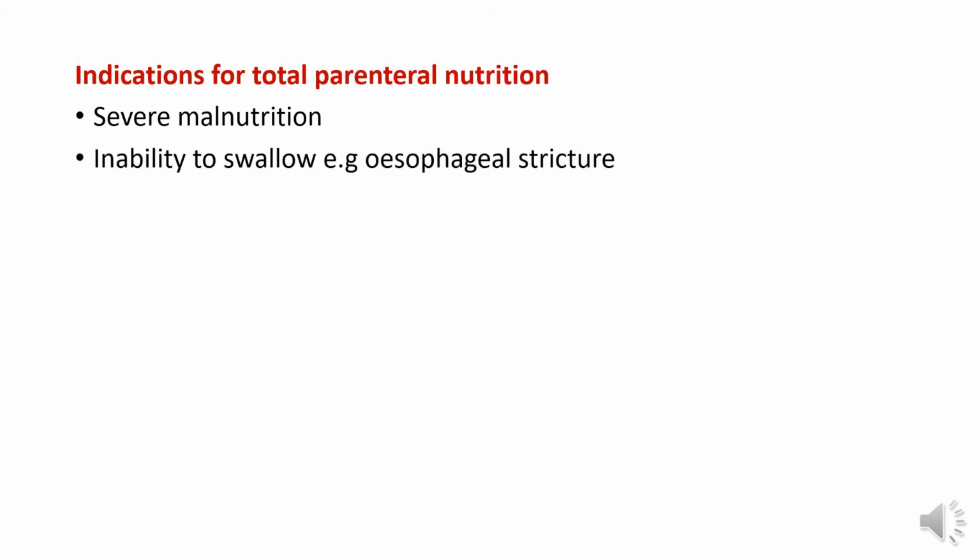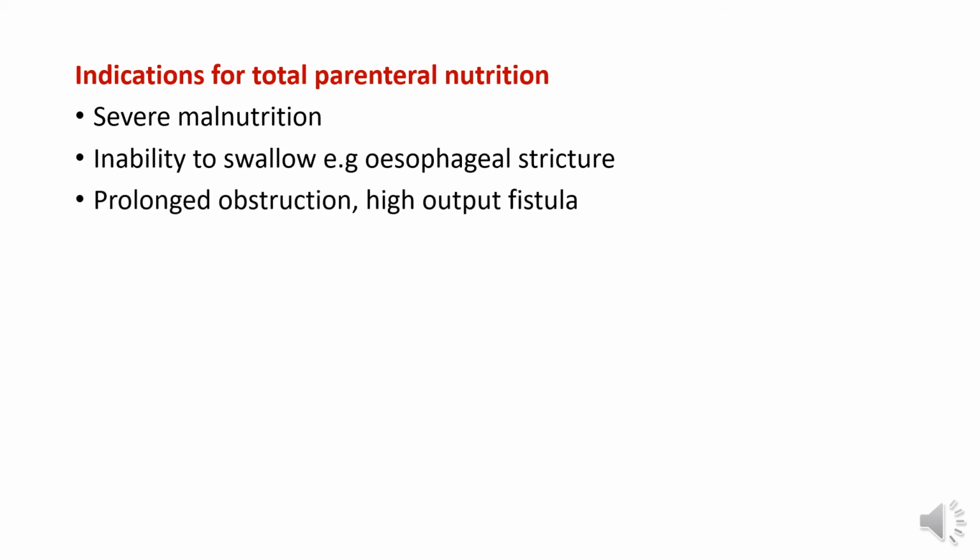Another indication is inability to swallow following esophageal stricture or esophageal cancer. These patients may be severely malnourished because of the stricture or the cancer, and so you would want to rapidly correct the nutritional deficiency before you switch over to any other form of nutrition for the patient.